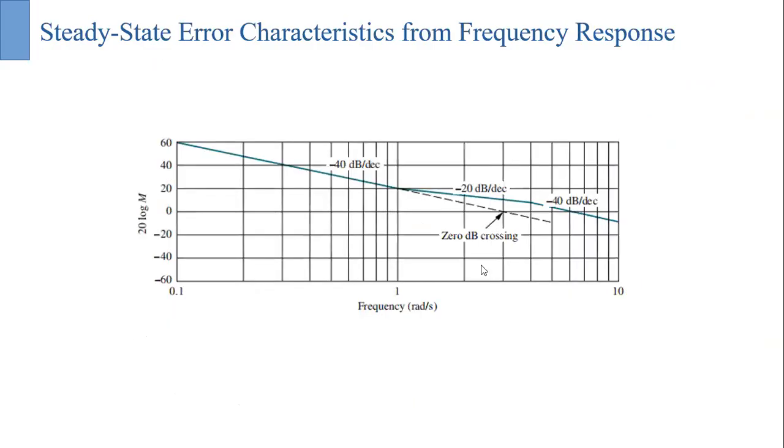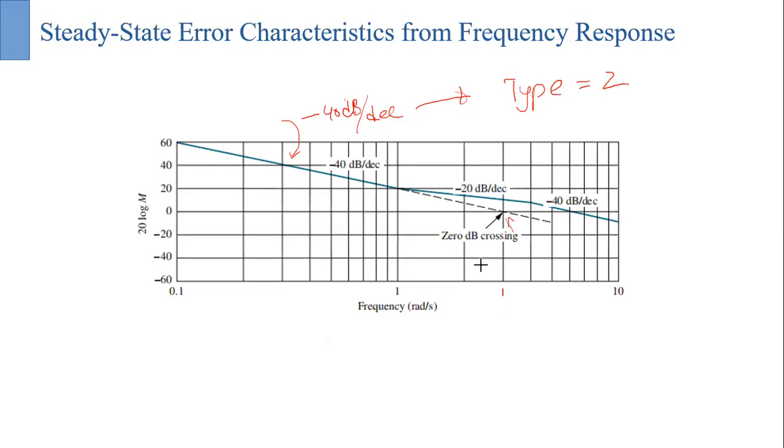Next one, as you can see, the initial slope is minus 40 dB per decade. And that gives us the information that the type of the system is actually 2. And we have to extend that initial curve again up to the 0 dB crossing line.